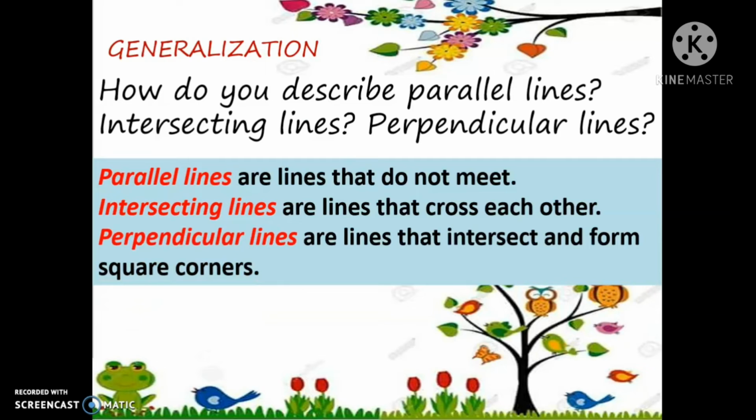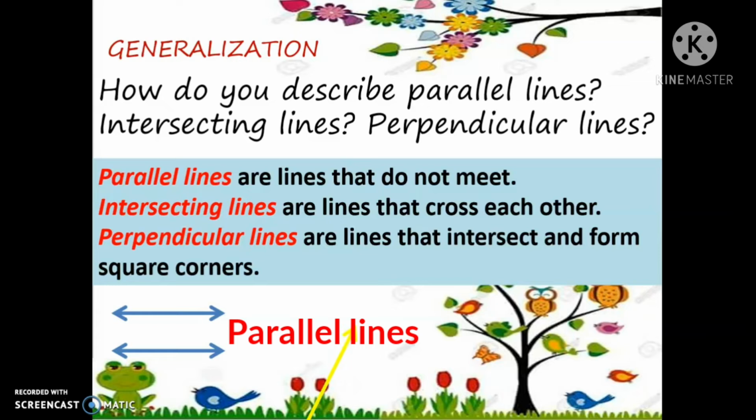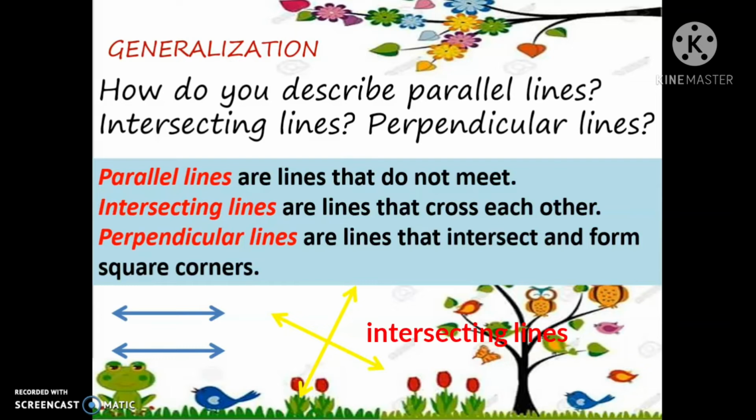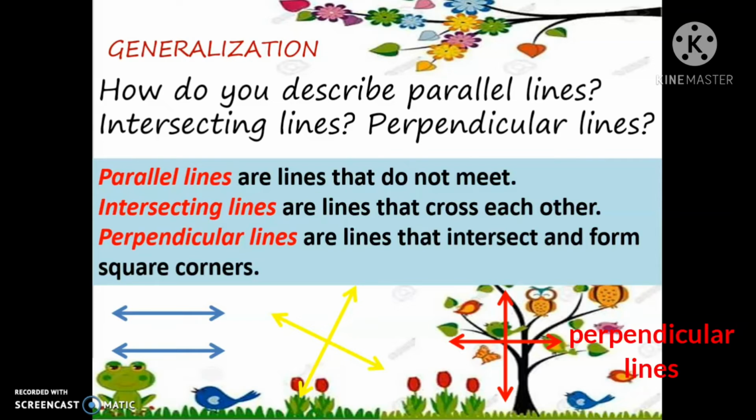And perpendicular lines are lines that intersect and form square corners. The first drawing is an example of parallel lines. The second drawing is an example of intersecting lines. And the third drawing is an example of perpendicular lines.